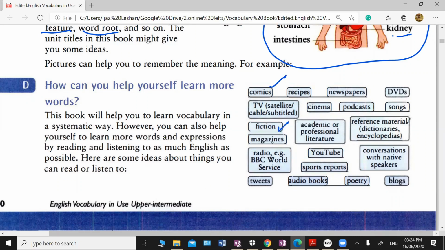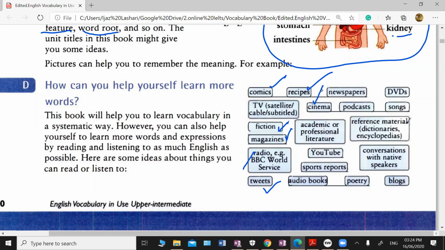You can read some fiction books or magazines, and you can listen to the radio and BBC World Service. This is a great source. You can watch CNN, Al Jazeera, English channels, and you can use Twitter, different tweets, different recipes, books of recipes.